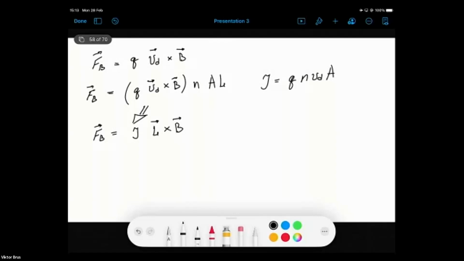So now we need to make one more step and consider some general equation, because conductors may be not straight and they can bend in different shapes. So we want to consider a very small segment of a conductor. Let's say this is our conductor, which is not straight. Then we have some magnetic field vector.